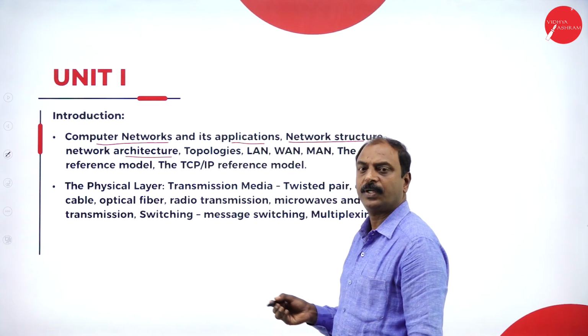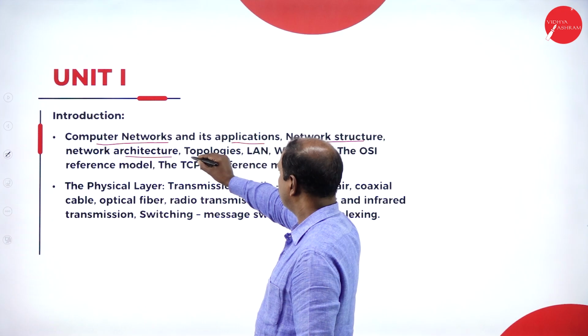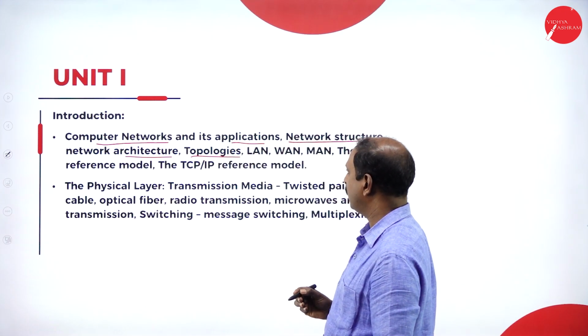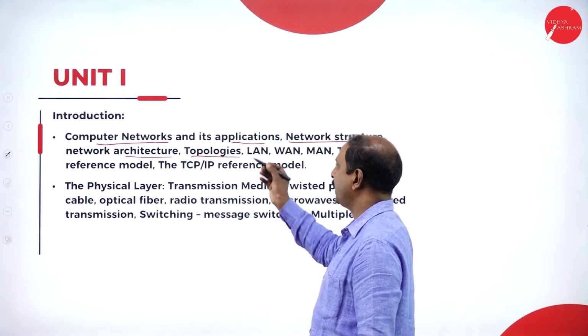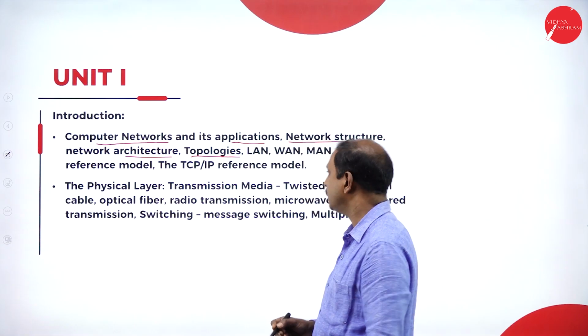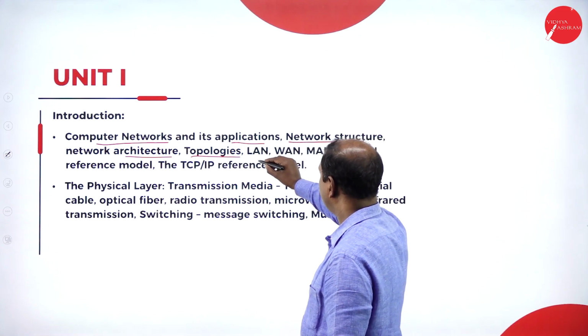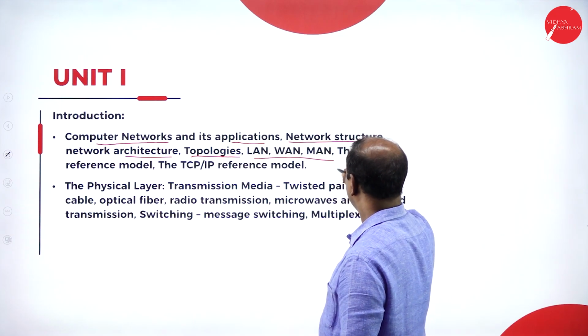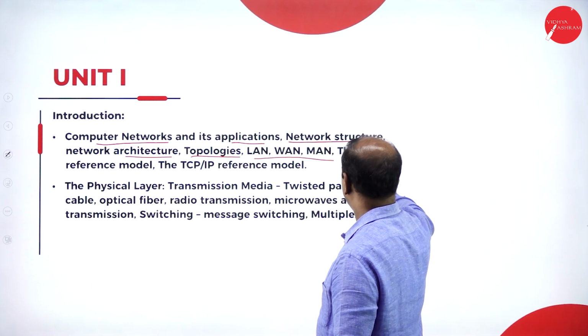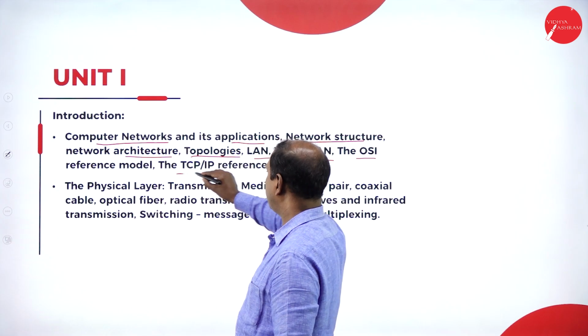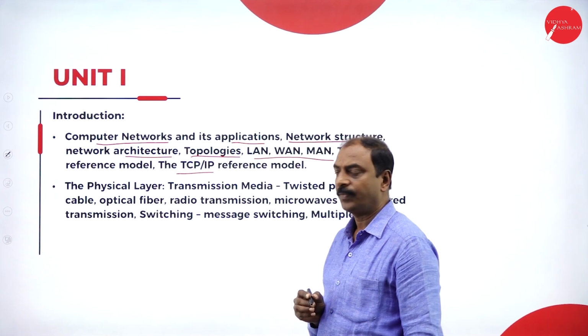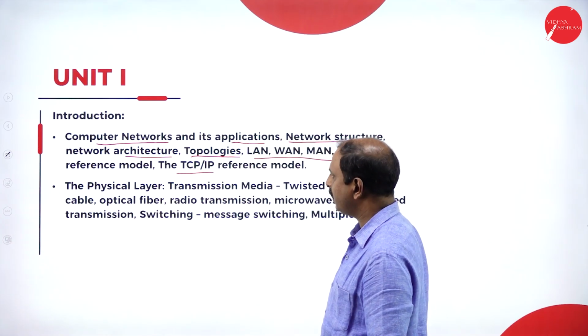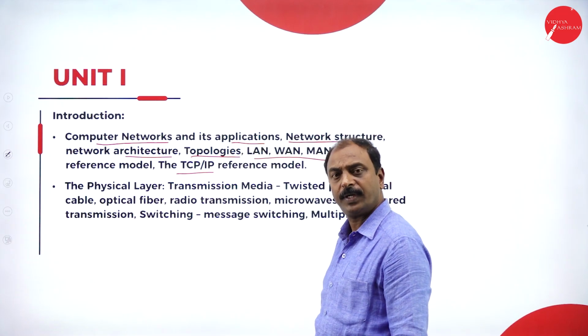Apart from that, we are going to discuss the different network topologies like star topology, ring topology, and bus topology, and different types of network like LAN, WAN, and MAN. After that, we are going to learn the OSI and TCP/IP reference models of networking. So in chapter 1, we are going to learn the basics of networking.